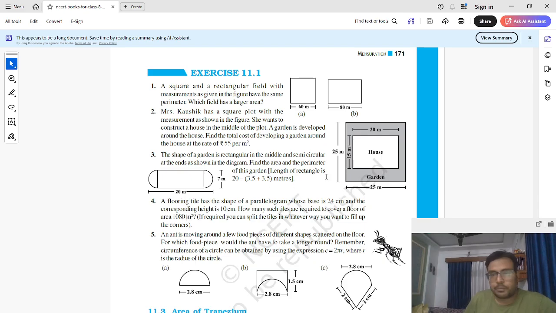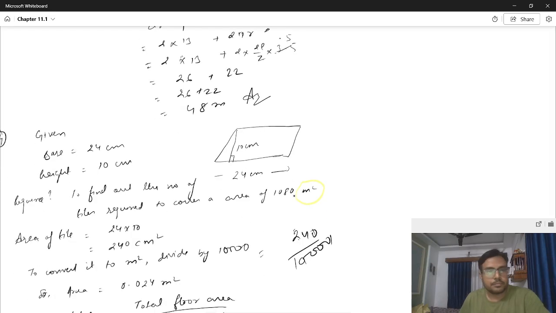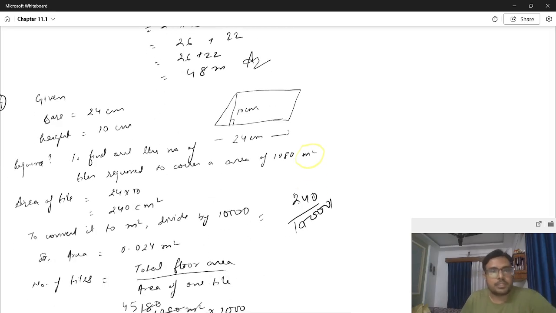So you have to be in one dimension, either in centimeter or in meter. You have to convert meter square to centimeter square, or convert the centimeter to meter. We'll see how it is done. Given is base 24 centimeter and height 10 centimeters, so we can calculate the area of this parallelogram.